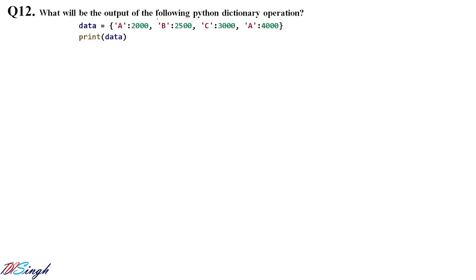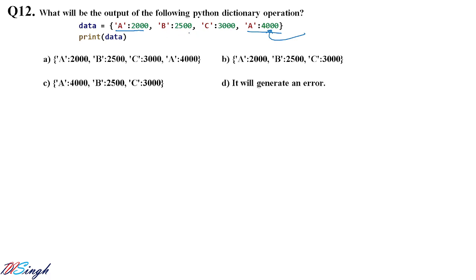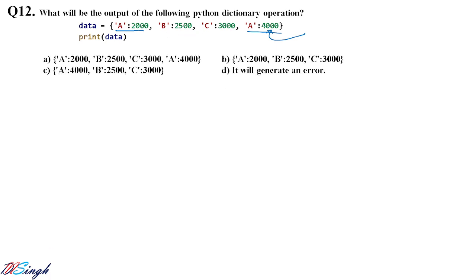What will be the output of the following Python dictionary operation? Here you see you have A as a key with 2000, B 2500, and C 3000. Again you have the same repeated key, that is A. So the last updated value is 4000. If you print, it is not going to output 2 values for A, but only one, with the value 4000. So which option is correct?